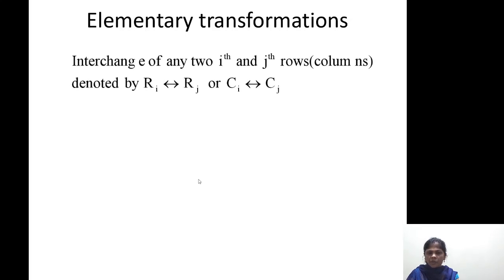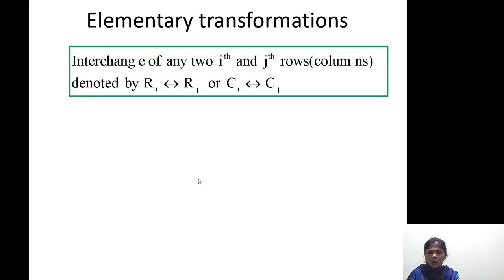The three operations possible are: interchange of any two ith and jth rows or columns, generally denoted by Ri interchange with Rj if we are interchanging rows, or Ci interchange with Cj if I am interchanging the columns.